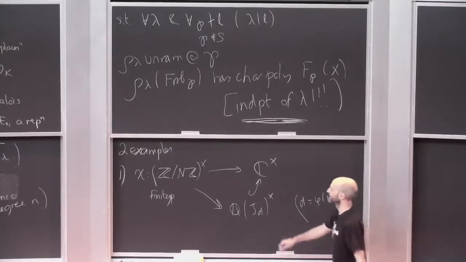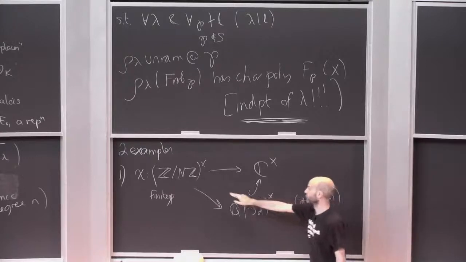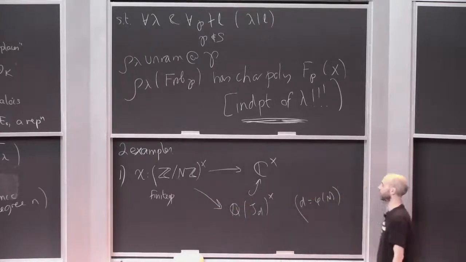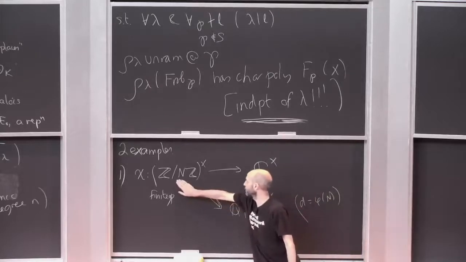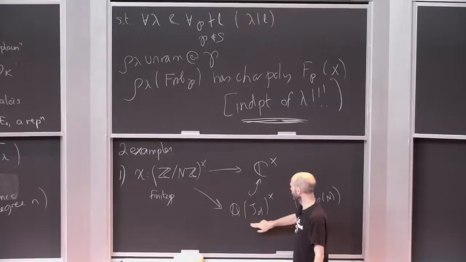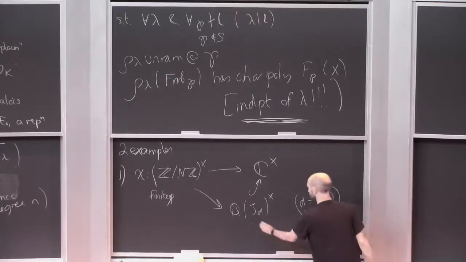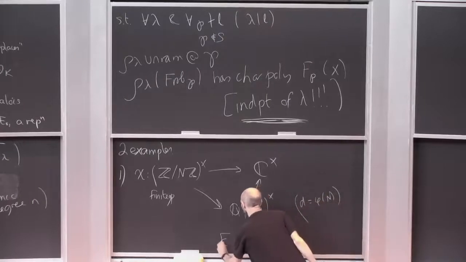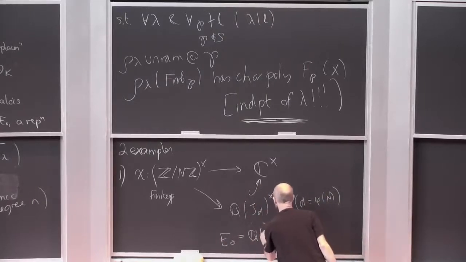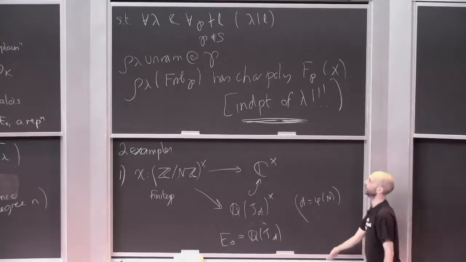Every element in (Z/nZ)* has got some finite order, and the order of this group is phi(n). So every single thing here, you raise it to the d-th power, you get 1. So when you hit it with the group homomorphism, you raise that to the d-th power, you get 1. So it must be a d-th root of unity. So there's my E_0, right? E_0 is Q(zeta_d). Okay, and that's one representation.